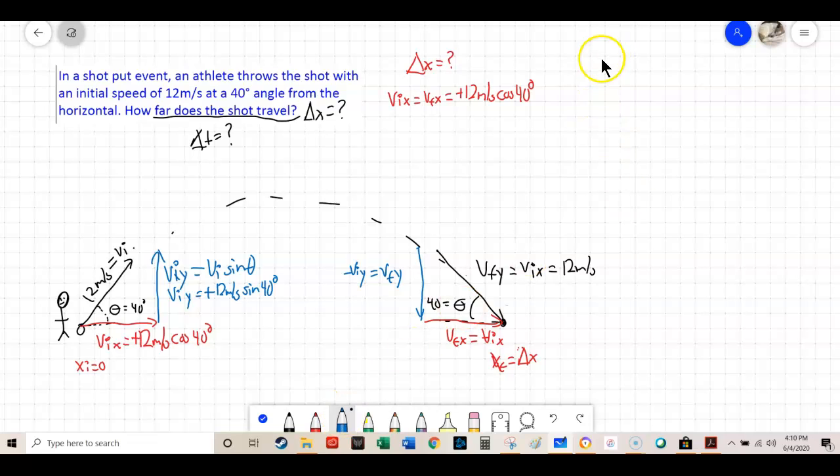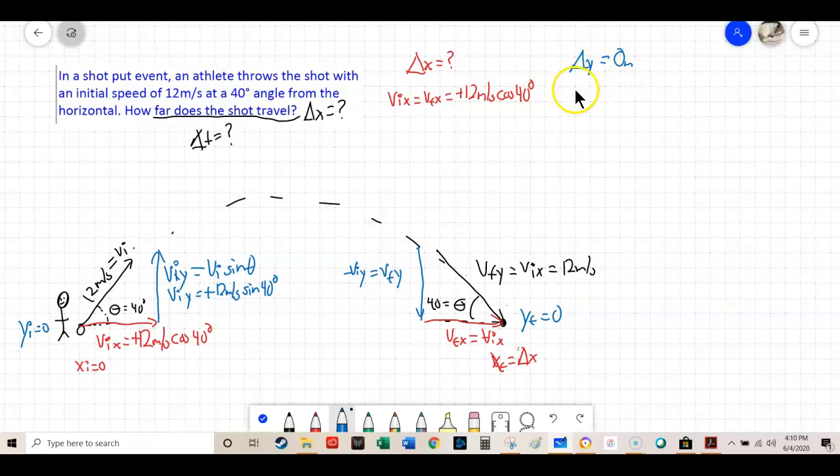In the y direction, since its initial height is 0 and its final height is 0, we know delta y is going to be 0. Y final minus y initial is 0 minus 0.